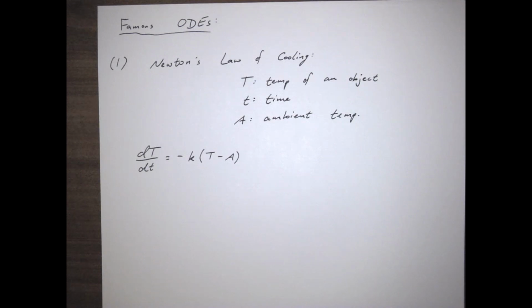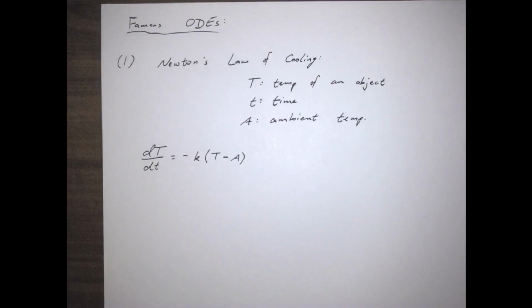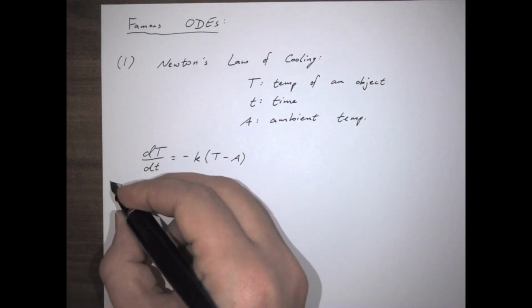You take a hot thing out of the oven, it will cool down to room temperature, or if the temperature of the object is below the surroundings, it will heat up. If you take something out of the refrigerator, its temperature will increase until it reaches room temperature. Okay, so that's Newton's law of cooling.